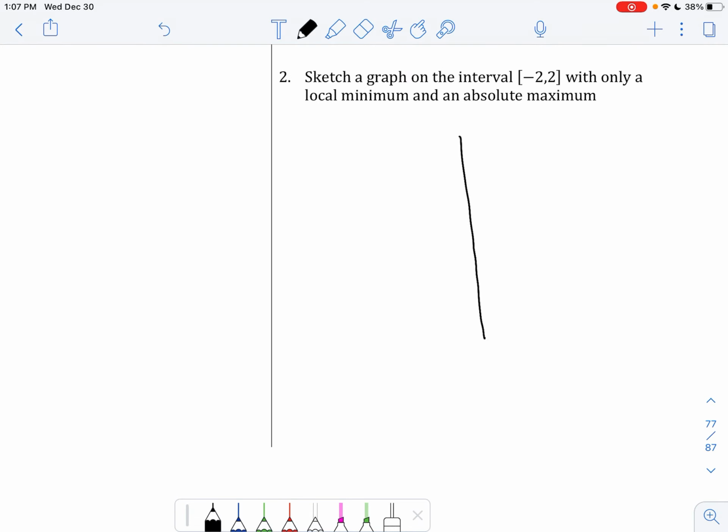Here, we'll sketch our graph, and our minimum is negative 2, and our maximum is 2. The x and y values are not stipulated, but what that means is that we can't go past this point, and we can't go past this point. We're only looking at that inner interval right there.